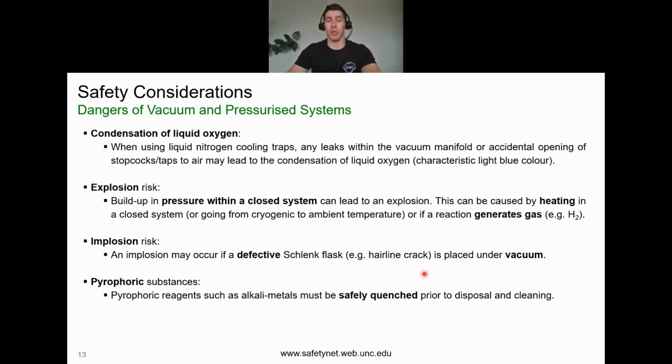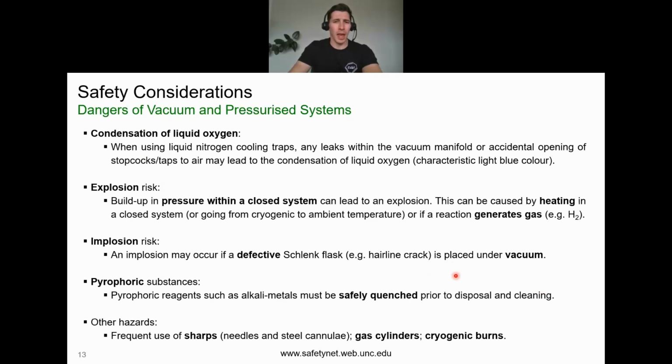You want to make sure your fume hood is clear of any solvent bottles, and of course a risk assessment prior to handling if necessary. And there are lots of other hazards, such as the frequent use of sharps through needles and steel cannulae, using and adjusting gas cylinders, and cryogenic burns from handling dry ice and liquid nitrogen.